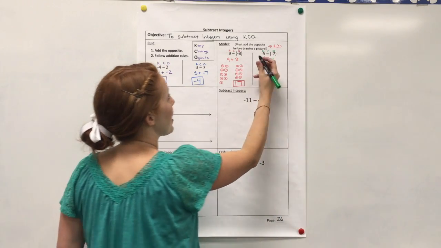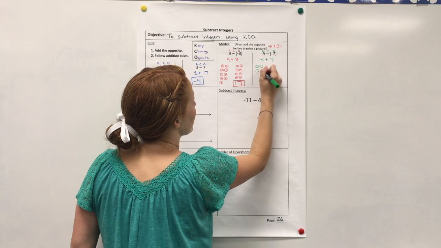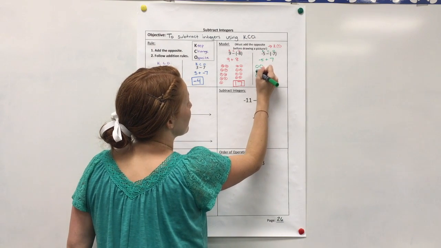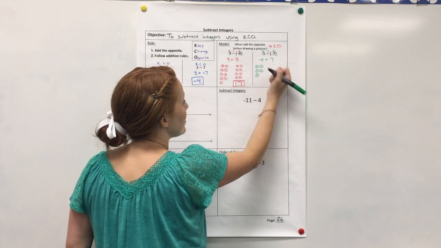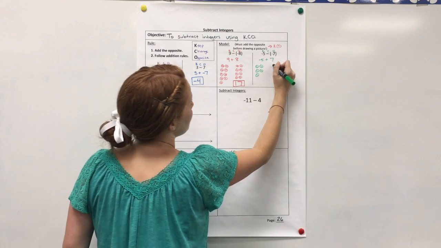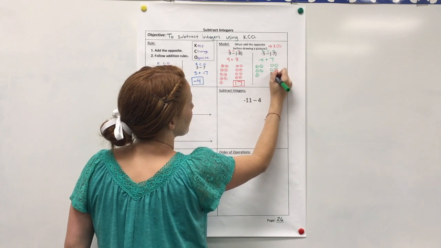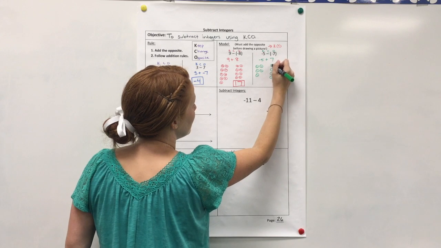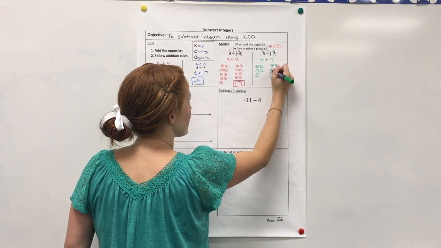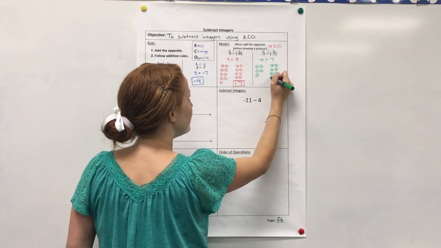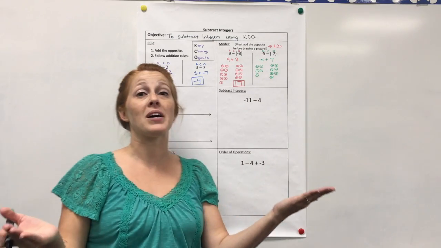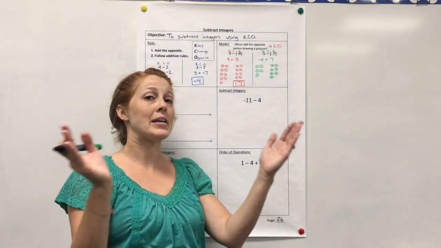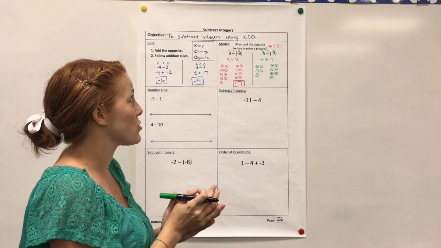I have negative 5. 1, 2, 3, 4, 5, and they're negative, so make your negative sign. Then I have a positive 7. 1, 2, 3, 4, 5, 6, 7. Positive sign. Well, now I have negatives and positives, different signs, so I can cross out, make some pairs and cross them out.